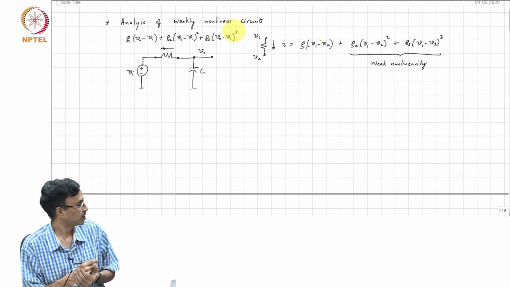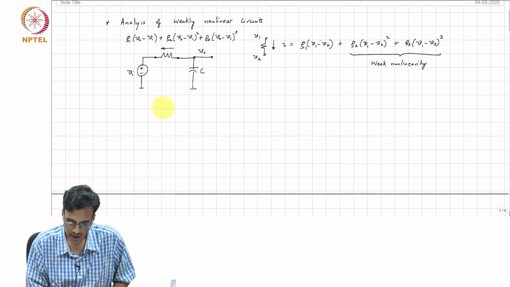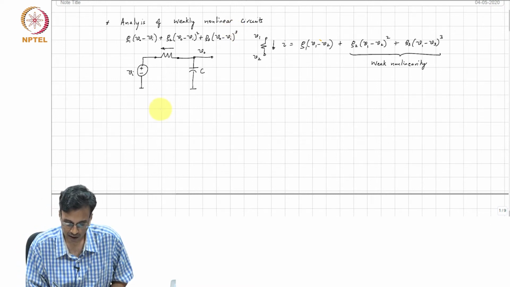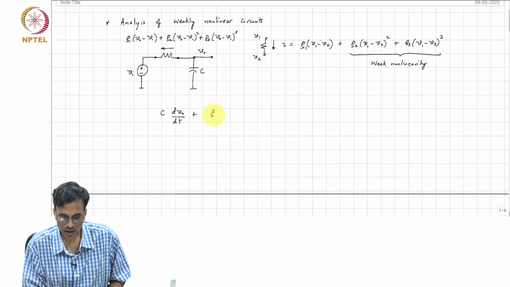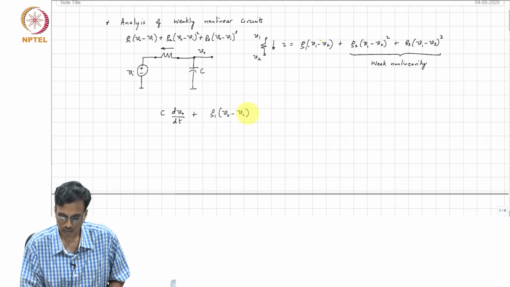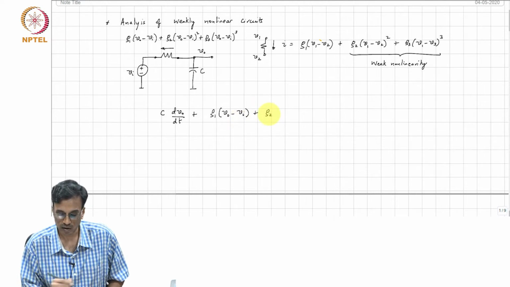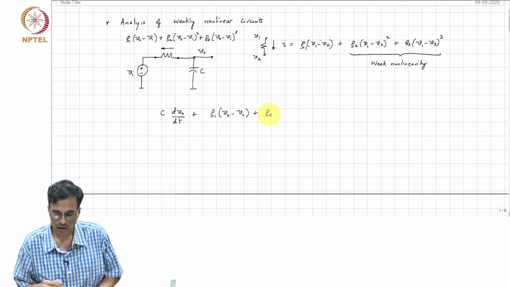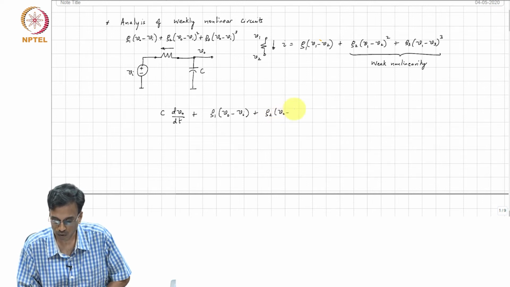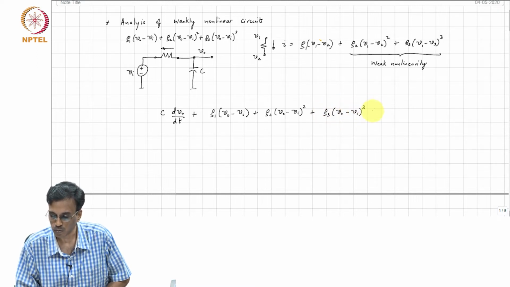Well, the only thing we know is how to write Kirchhoff's laws, so we will do that. Kirchhoff's law is telling us that C times dVo by dt plus G 1 times V o minus V I, plus, no, not that, you have to take into account the entire current through the resistor, not merely the linear term, plus G 2 times V o minus V I the whole square plus G 3 times V o minus V I the whole cube must be equal to 0.